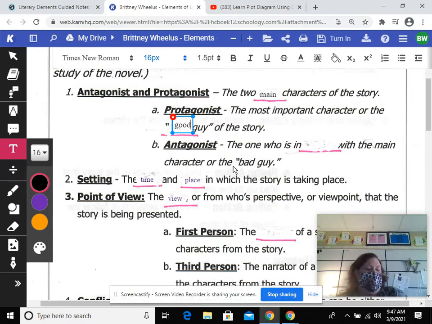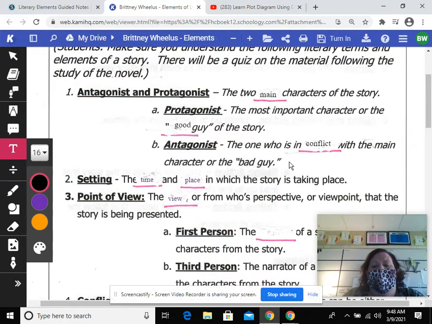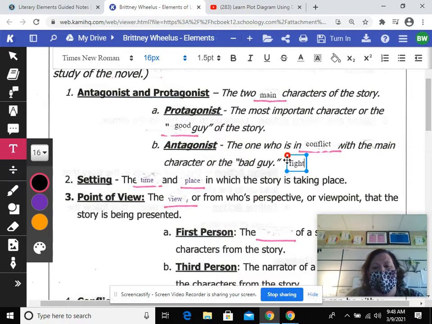The antagonist is the one who is in conflict with the main character, or the bad guy. Now, what does that word conflict mean? A fight or a problem or an issue.